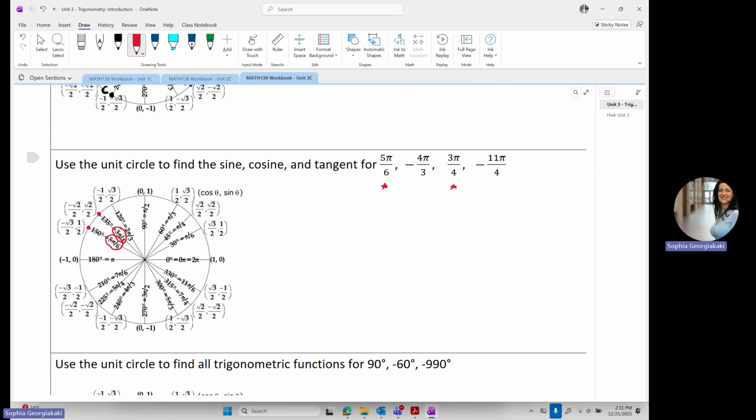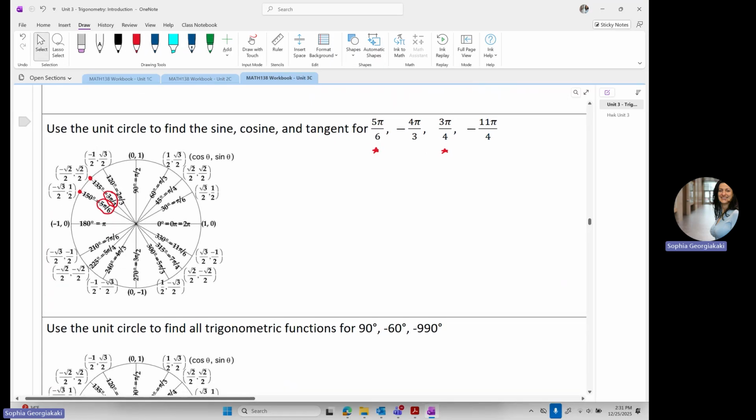But instead, what we can do in this video is try to find where is negative 4 pi over 3 and where is negative 11 pi over 4, and identify the sine, cosine, and tangent for those angles. So I want to find where is negative 4 pi over 3. I'm going to go in the negative direction. The slices of pi are thirds.